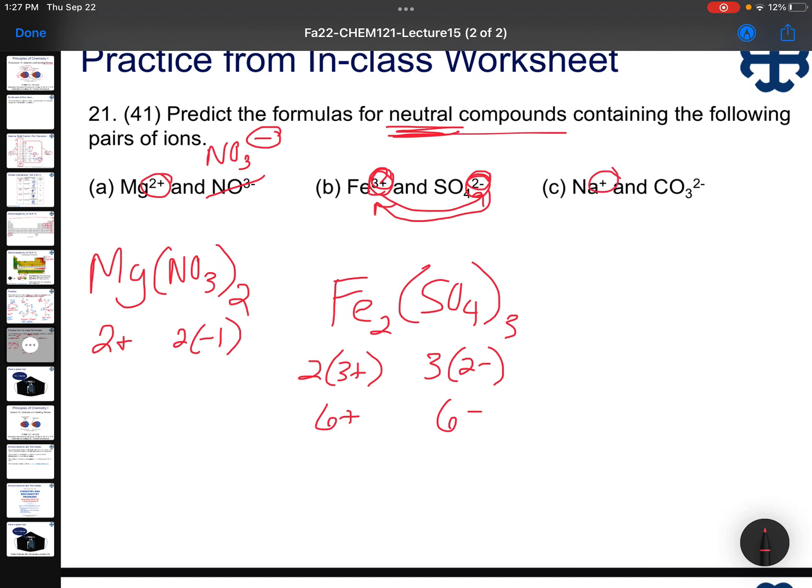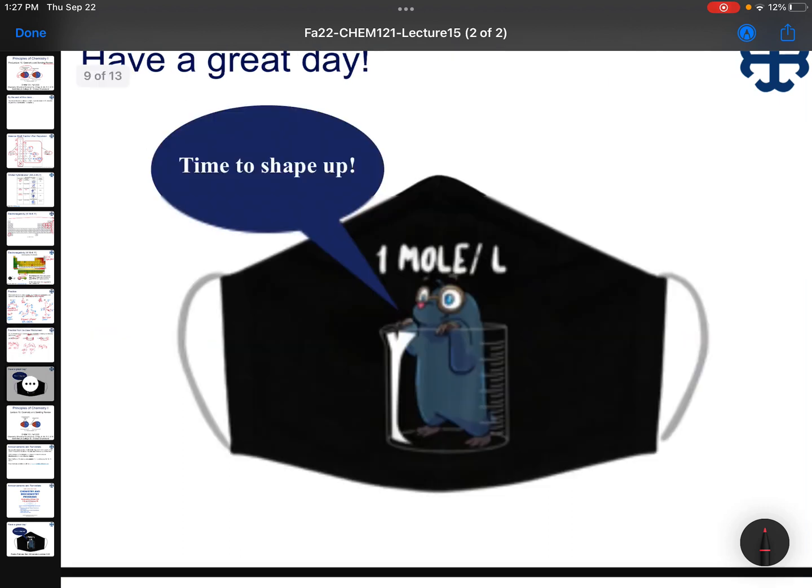Finally, we have sodium and carbonate, 2-, and so in this case, Na2CO3, and we would need a 2 there in front of the sodium to balance that out, again, if we crisscrossed our charges.